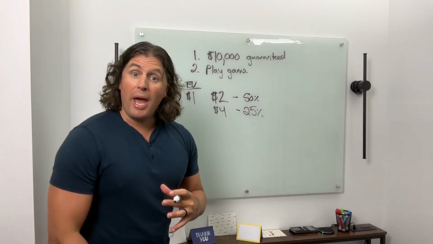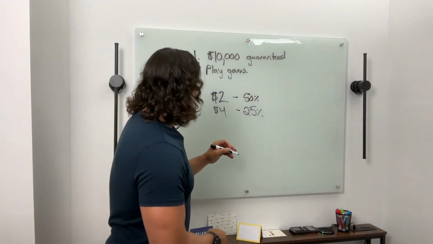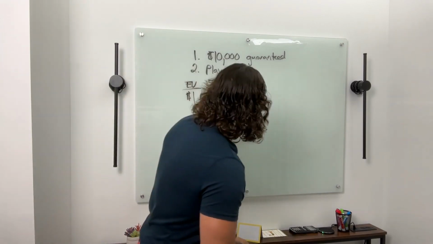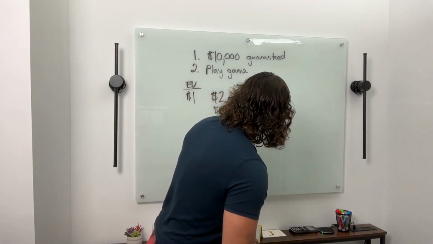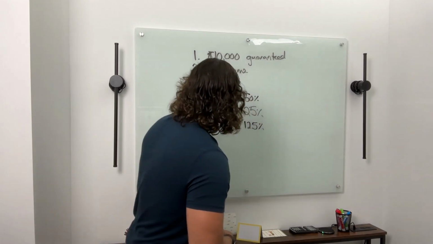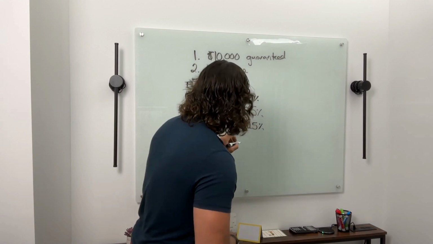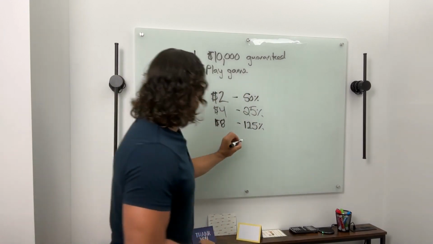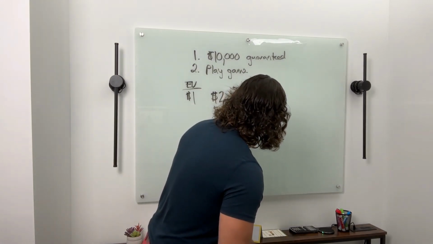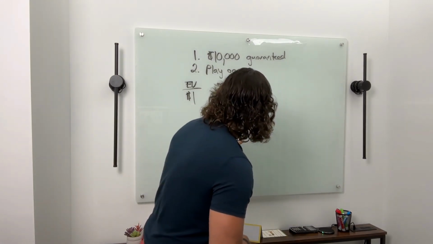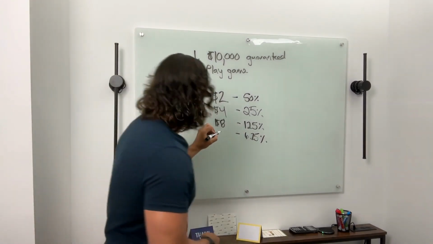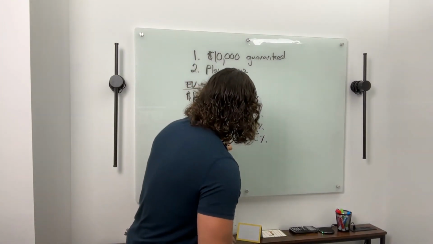Same thing if we did 2 heads in a row and then a tails, that is a 1/8 chance or 12.5% chance. And that payout would be $8. And similarly, if we do 3 heads, it's 6.25% chance. That is 1/16. That's a $16 payout.